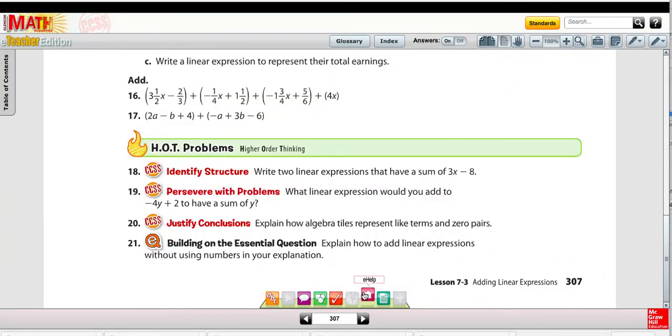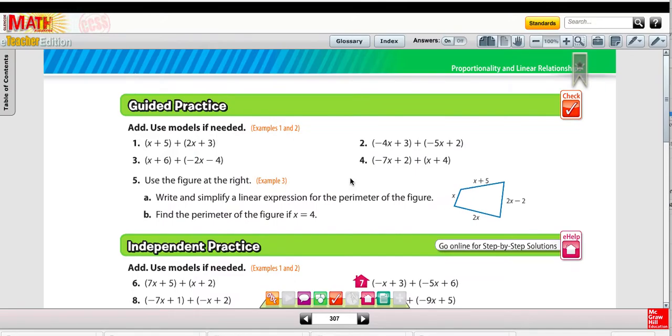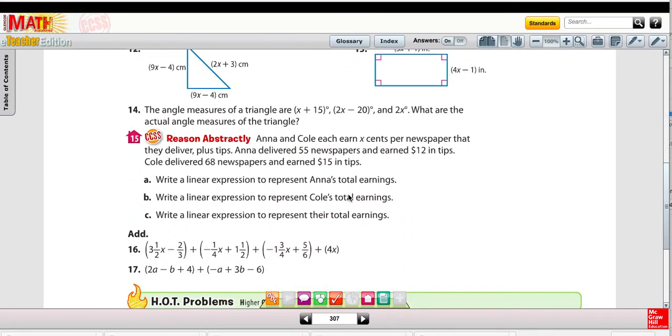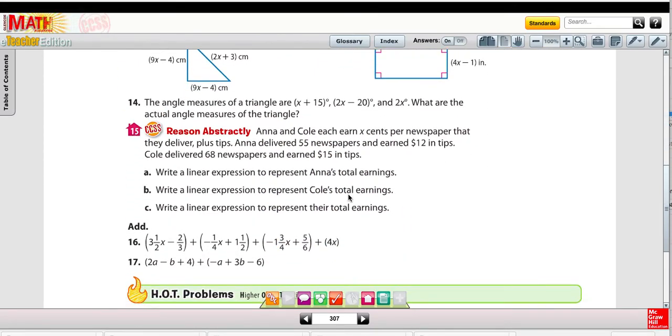Moving on to the next page, we don't have any more examples, but I do want you to look at page 307, number 16 and 17. So number 16 and 17 kind of look a little bit hairy because there's so much going on, plus we have some fractions, but don't let that scare you. We're still going to combine those like terms. So starting with 2a, we have 2a minus 1a.